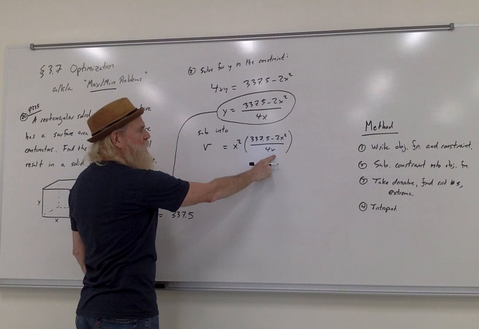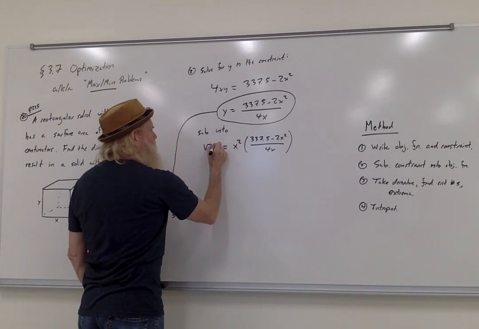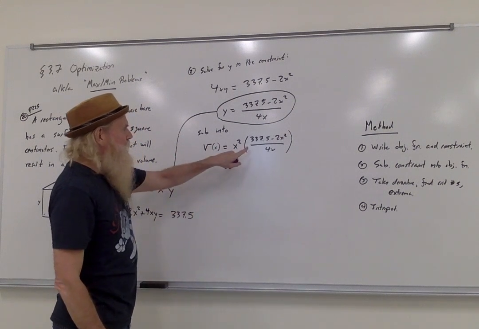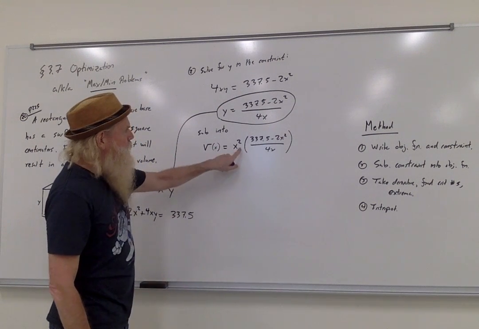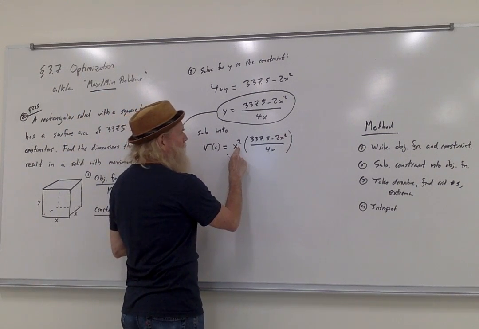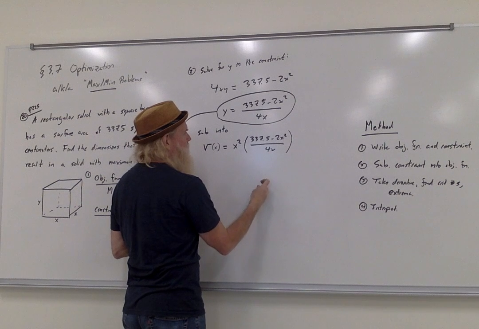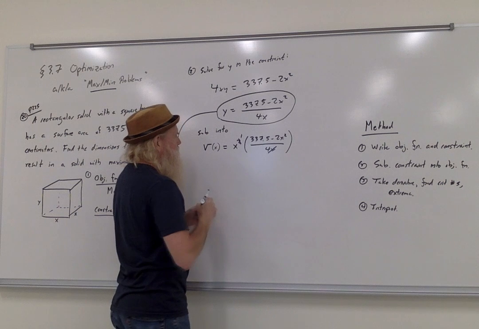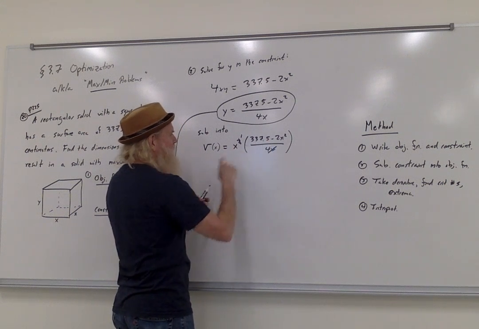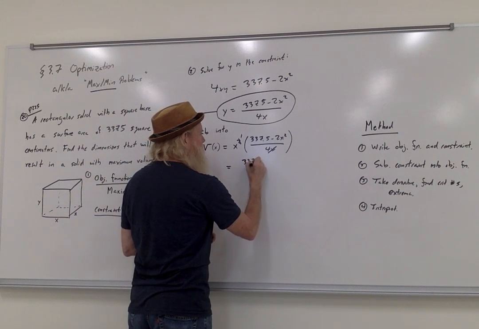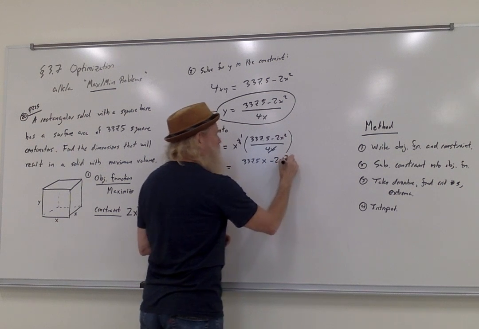Notice that this is a function of only one variable now, so I can emphasize that by writing this as V of x rather than just V. Before I take the derivative, let's simplify a little bit. I can cancel one of these x's from numerator and denominator, and then distribute the remaining x into the numerator. So that's the same as 337.5x minus 2x cubed, over 4.